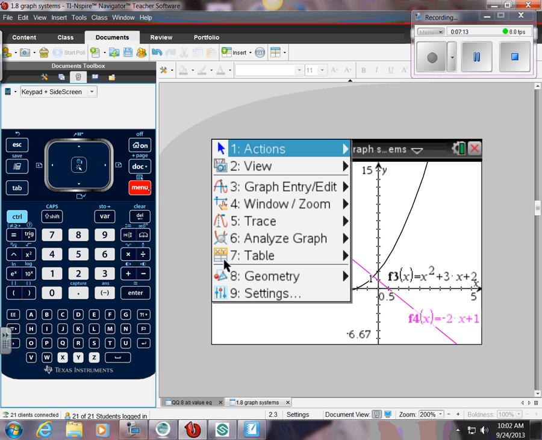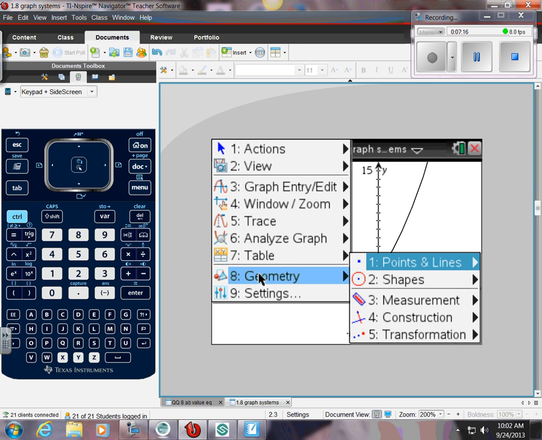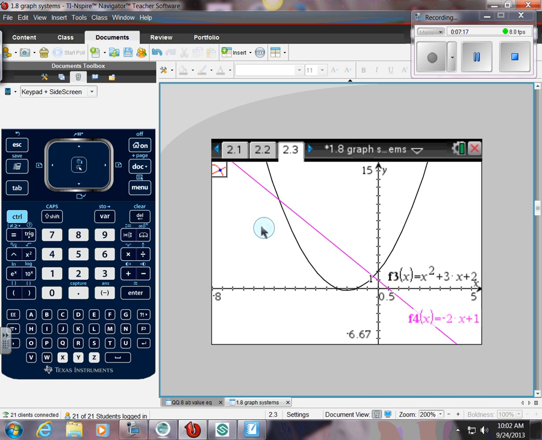All right, now how do I do this? Menu, Geometry, Points and Lines, Intersection Points. So click, click, and they both pop up at once. I would like you to round your answers to the nearest tenth.